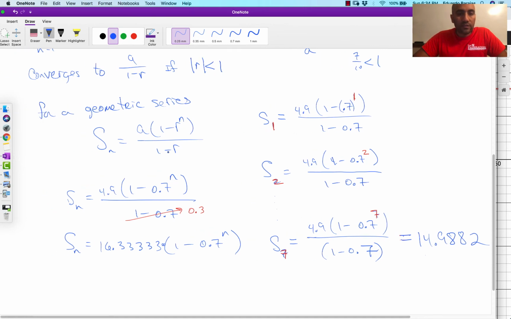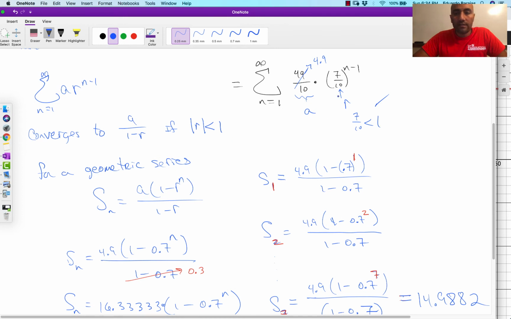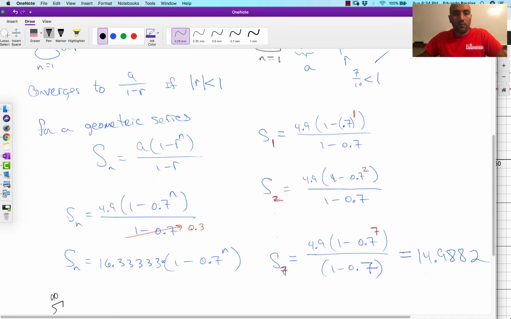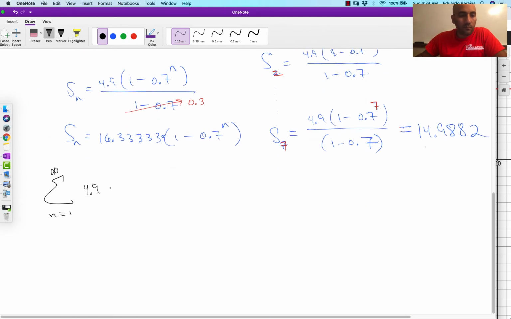Okay, so it is a geometric series, and we know that a geometric series converges as long as the absolute value of r is less than 1, which it is in this case. So it'll converge to this. So for us, this goes from 1 to infinity, and we had 4.9.